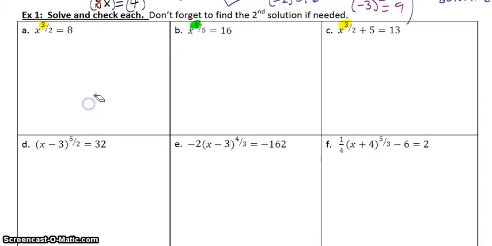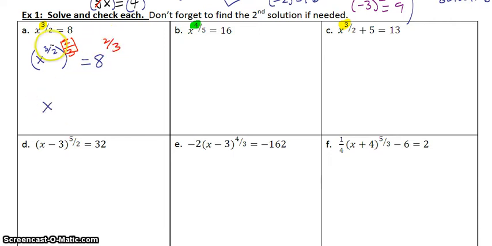With these fraction exponents, I'm going to raise this to a power so that when I multiply that power by 3/2, it's going to be equal to 1 for the exponent. And the thing I can multiply by 3/2 to make it a 1 is the reciprocal. So we are going to take both sides to the reciprocal exponent.